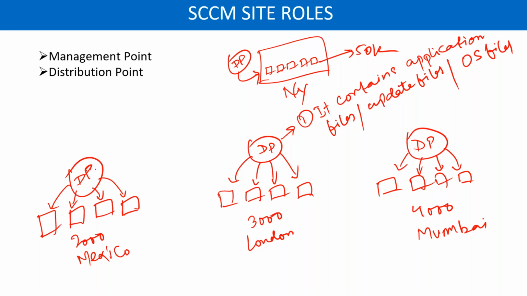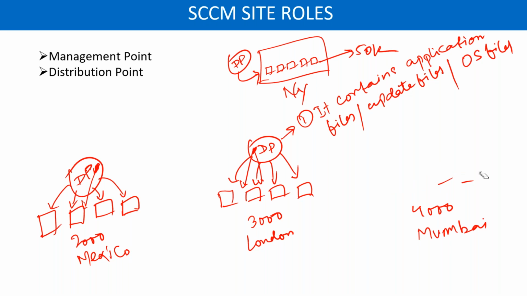Suppose Google Chrome needs to be installed on all the Mexico computers. We will put the Google Chrome installer here, and it will be downloaded from here. All the machines will download from the London distribution point, and all the machines will download from the Mumbai distribution point. So it contains the application files, update files, and operating system files.